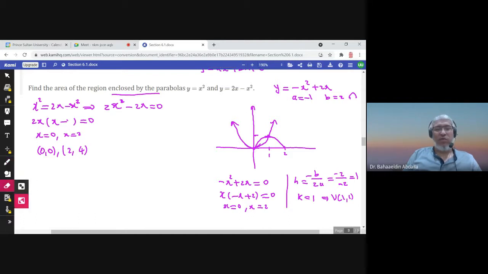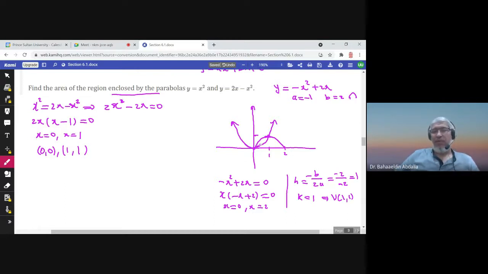So this is not 2, it's 1. So if x is 1, y would be 1 squared, which is 1. So these are the two intersection points, 0, 0 and 1, 1.